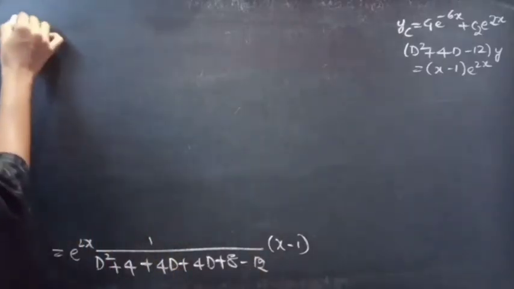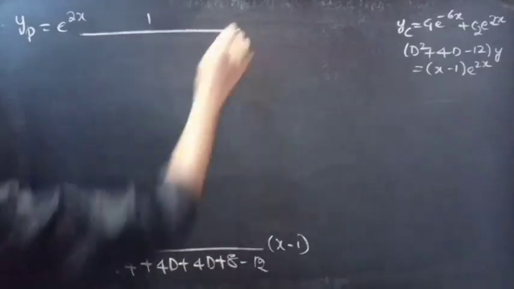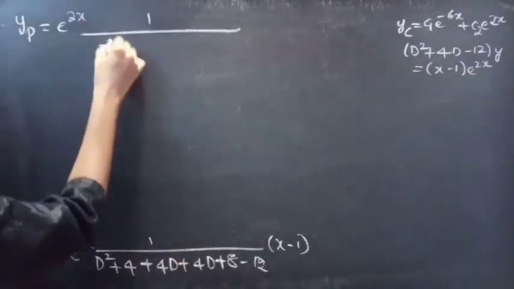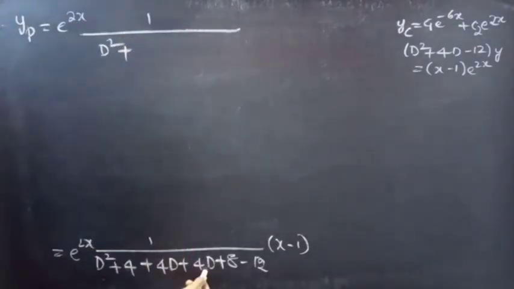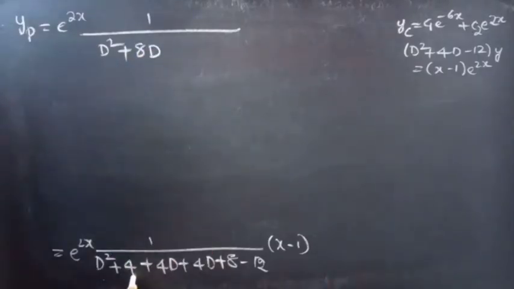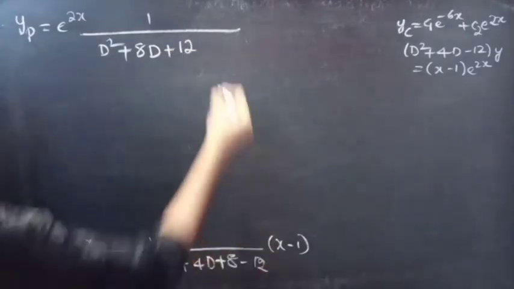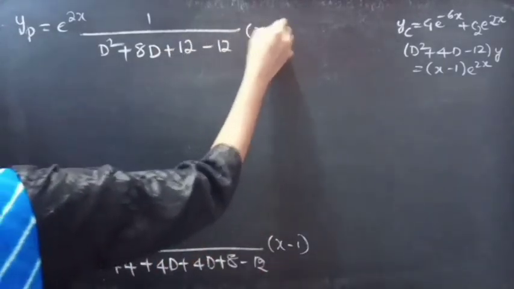This becomes e power 2x into 1 by D square plus 4D plus 4D is 8D, plus 4 plus 8 plus 12 minus 12 into x minus 1.